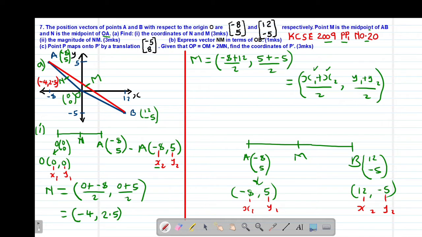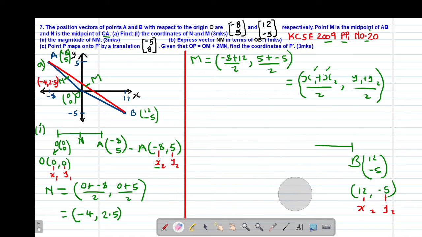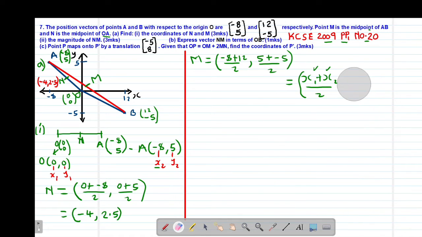This should give us the midpoint, which is the point M, the midpoint of the line AB.